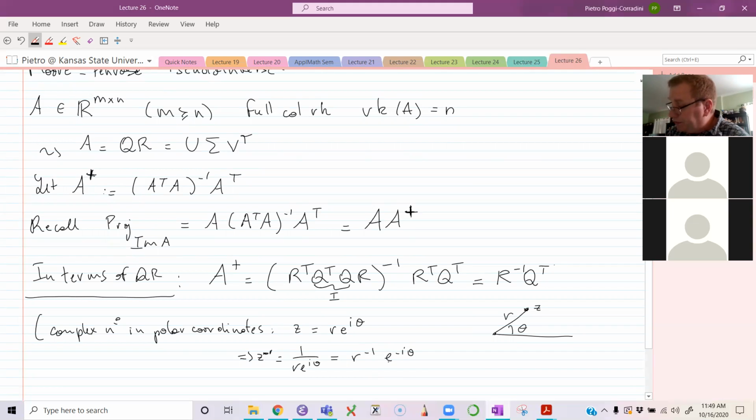And e to the minus i theta is the conjugate of e to the i theta. So it's very similar to this expression here, where you take the magnitude, in quotation mark r, you invert that, and then the q is like the rotation term, and that you take the conjugate. That makes sense?